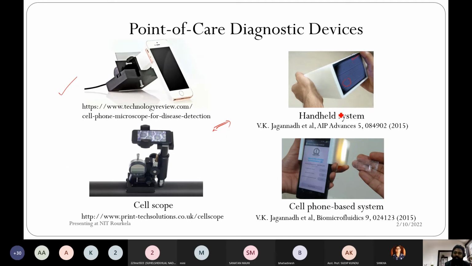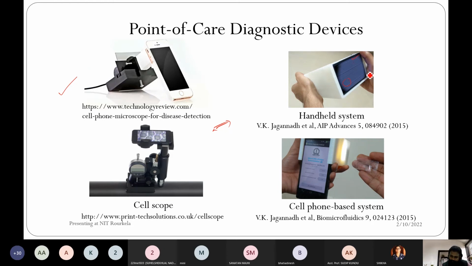The advantage is that you use a microfluidic device for the sample flow, and methylene blue or Giemsa stain for staining the blood samples, and you are able to flow those samples and identify the changes that take place.